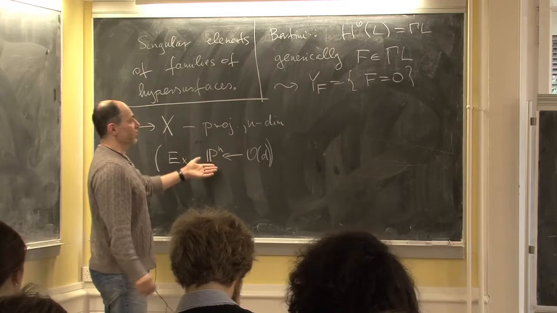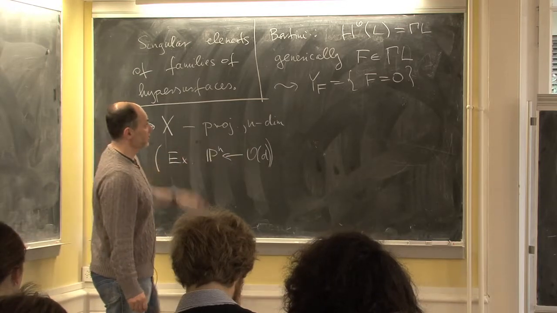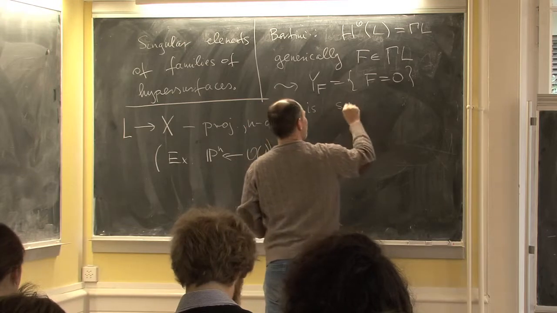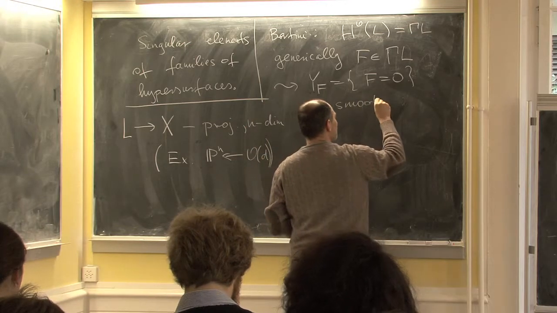So in our example, you take a degree D polynomial, take its zero set, then Y is smooth. That's what Bertini's theorem says.